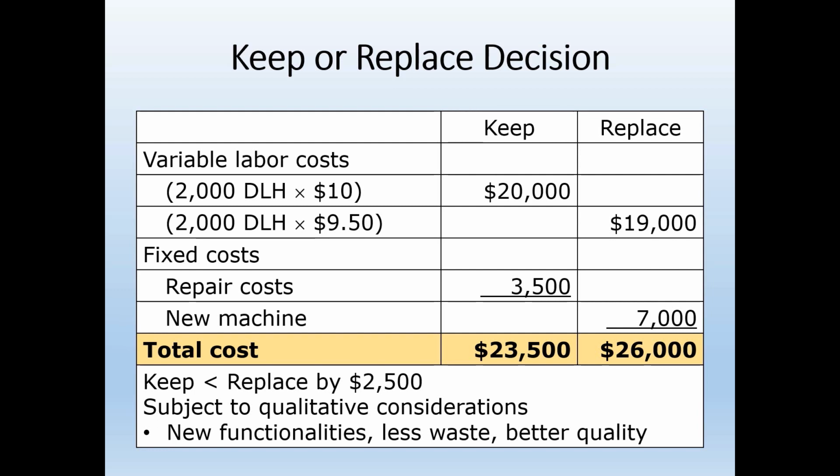Chances are that if these things are true, UDevelop might decide that it's worth paying an extra $2,500 to get the new machine. Remember, numbers advise us, but they don't rule us.